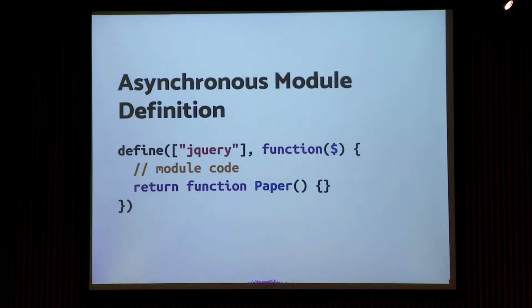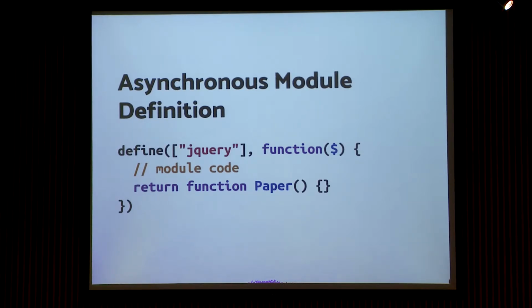That's why people came up with another module system called AMD, Asynchronous Module Definition, which roughly looks like this. You call define when you define your module. So most modules will just be one call to define with the whole module text inside of the function wrapper, which you first give an array of dependencies and then a function which takes one parameter for each of these dependencies.